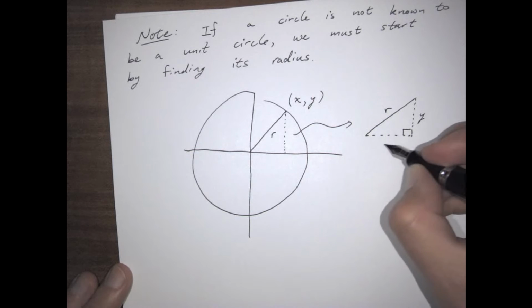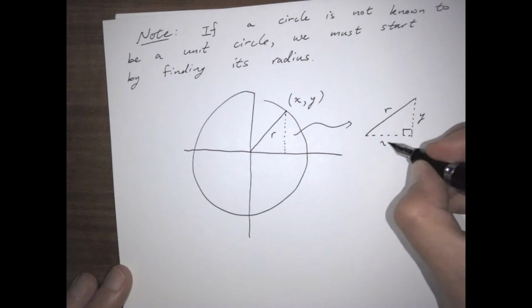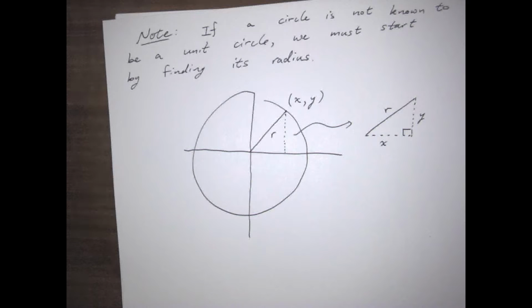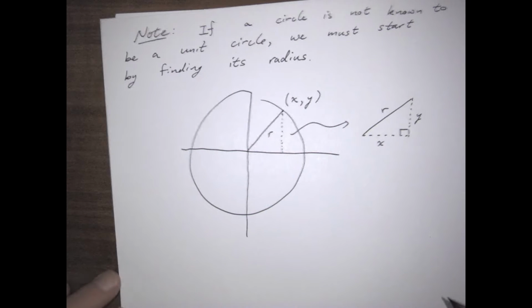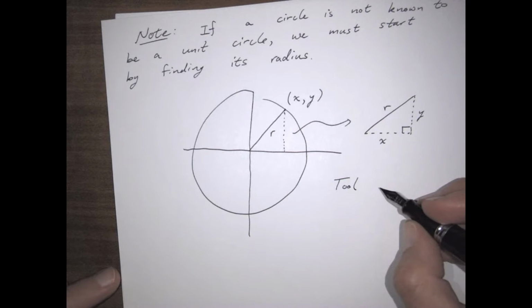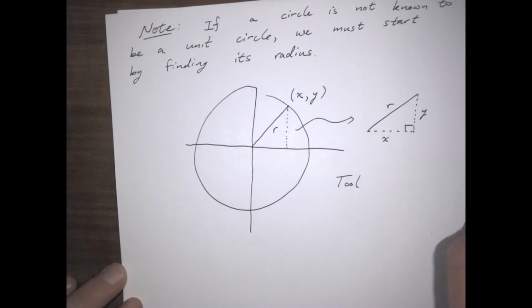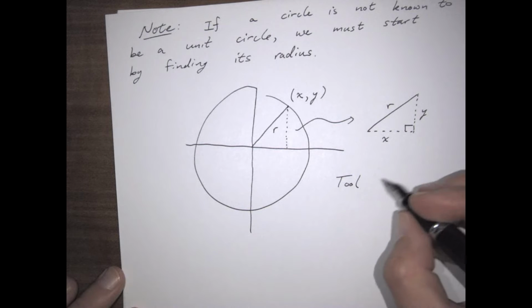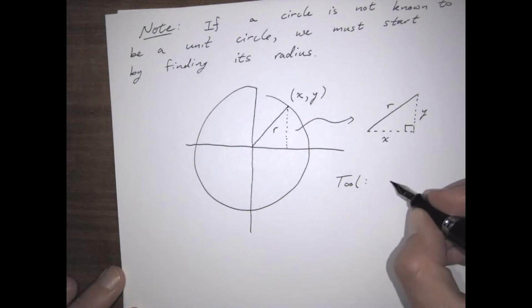The length of that side is the y-coordinate, and the length of the side down here is the x-coordinate. So, then the tool that we can use here is one of the first great, truly great results discovered in the science of geometry, and that's the Pythagorean Theorem.